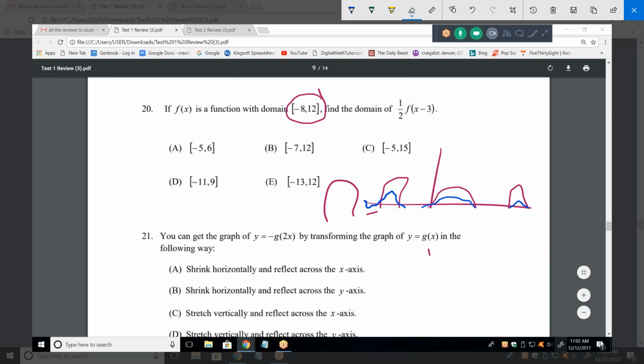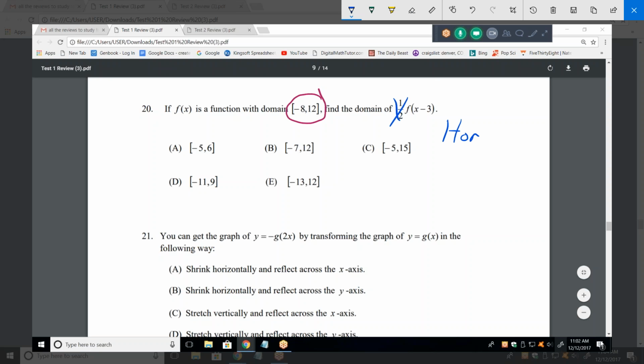Now, what's the vertical transformation in this? 1/2. So we can ignore that. What's the horizontal transformation? -3. You need to say 3 right or 3 left.